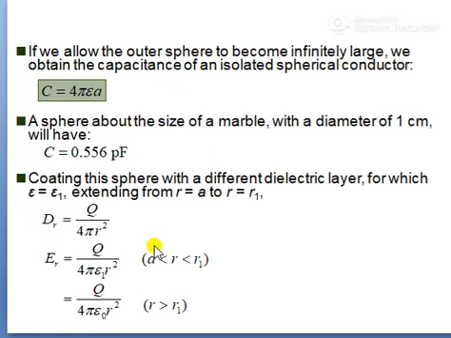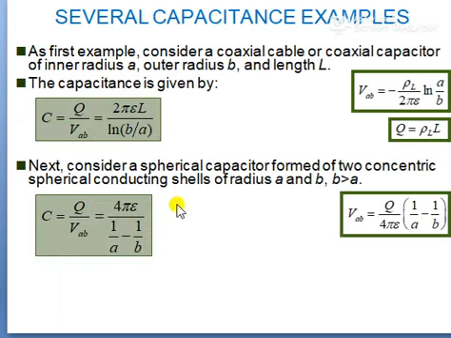In the spherical capacitor, if we allow the outer sphere to become infinitely large, we obtain the capacitance of an isolated spherical conductor. That means B becomes infinity, so the term 1 by B becomes 0 and only the other term remains.